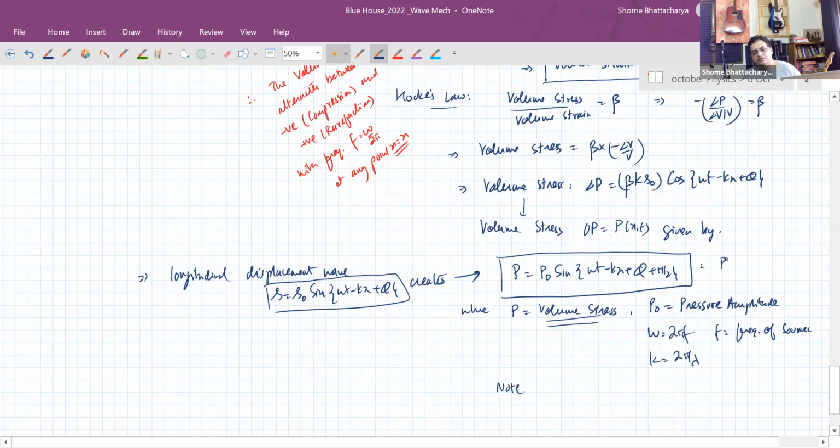We call this a pressure wave. So the phenomenon of longitudinal waves passing through a medium causes a pressure wave. The pressure wave has a pi by 2 phase difference with respect to the displacement wave.